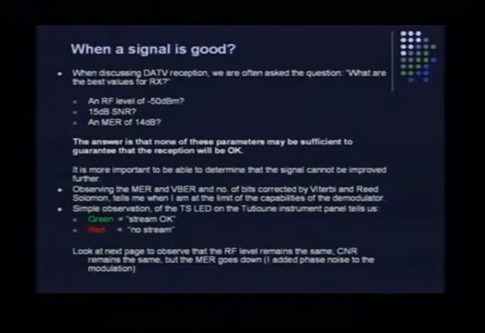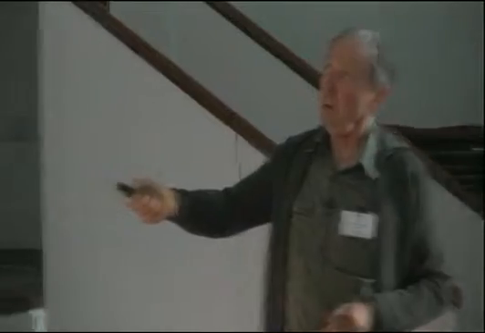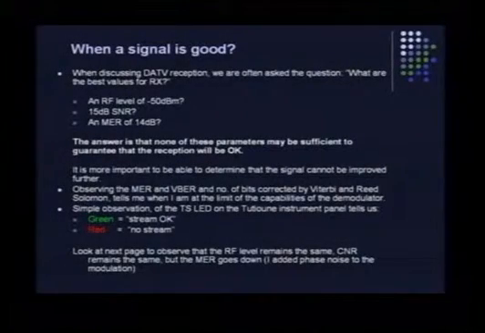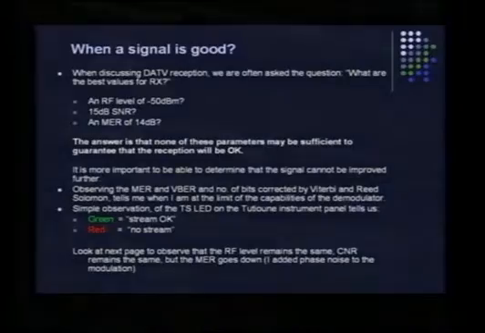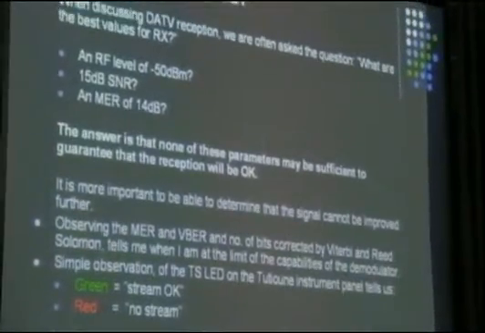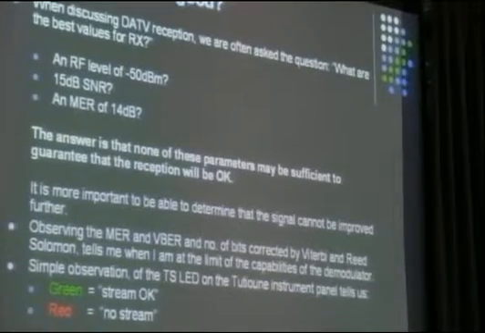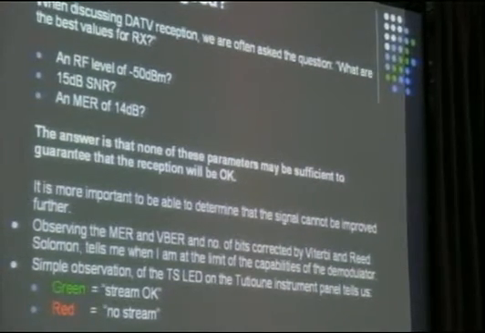So, the first question is, when can I say the signal is good enough? It's the question for me, as a ham radio operator. I want to receive a DATV station. When can I say, okay, the signal is good, I will be able to get the video and the audio without problem? Is it the RF level? No. I can show you, I can have a high RF level with a high CNR and a very bad MER and nothing to see.